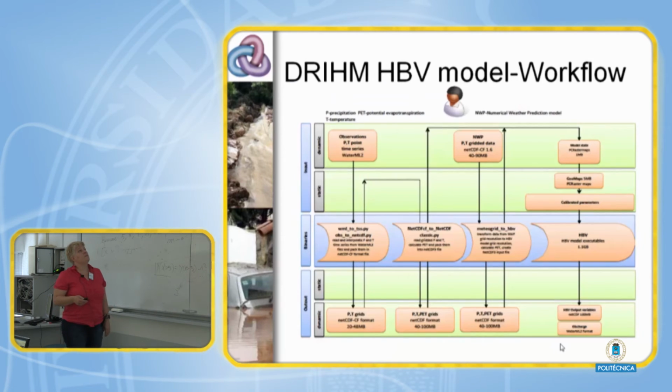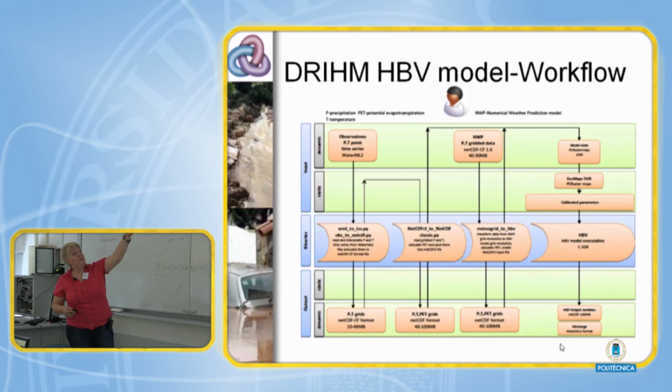And this was my work with HBV within the DRIHM. It was necessary to write a few Python scripts that will transform observations or output from the NWP models to the certain desired format of the files that are necessary to run the HBV.